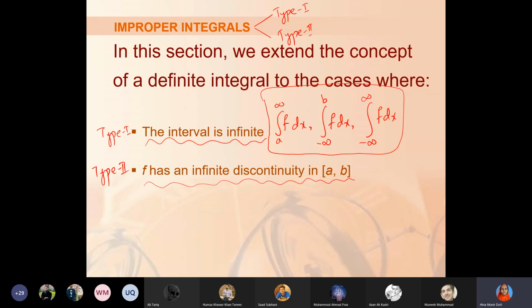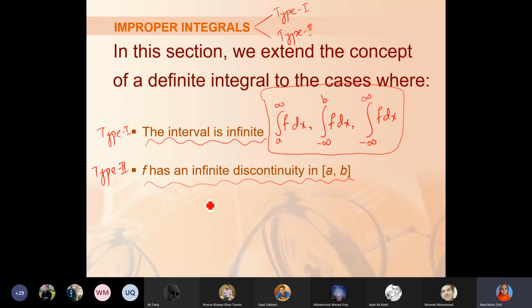In that case, that integral is a type 1 improper integral, and we will evaluate such type of integrals a bit differently from the definite integral. Their evaluation is a bit different. So we will integrate them as a limiting value of the definite integral, right? So this is type 1, and let me explain first the type 1 integral.